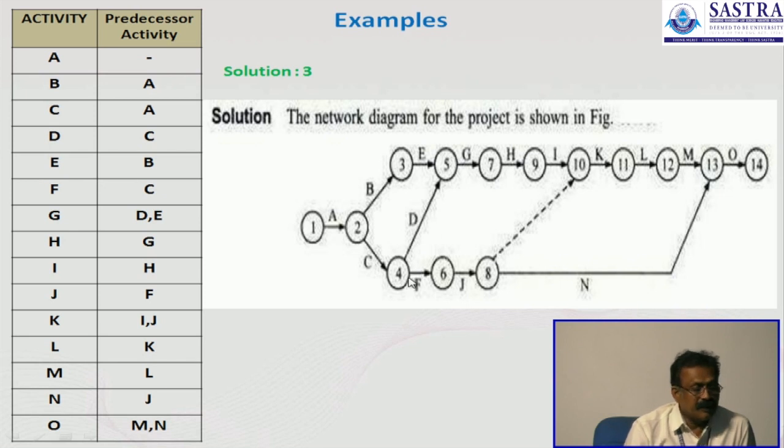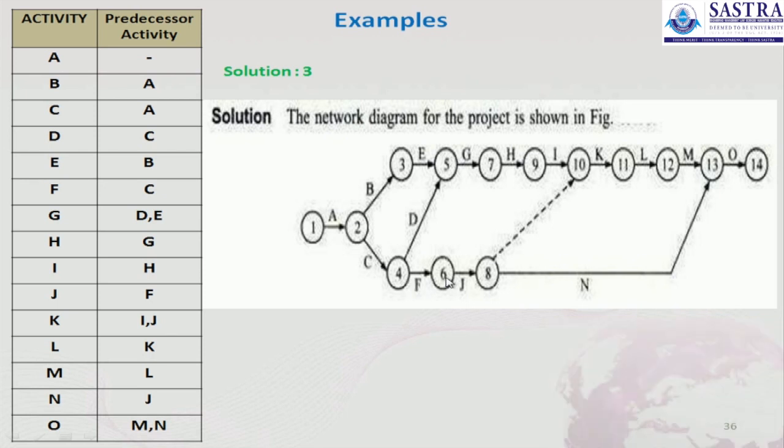And the previous activity F: the predecessor activity of F is C, and it is identified as the sixth node. So we have to mention the node as 6 here. It is F, the activity F and node 6, and here it is G and it is 7.